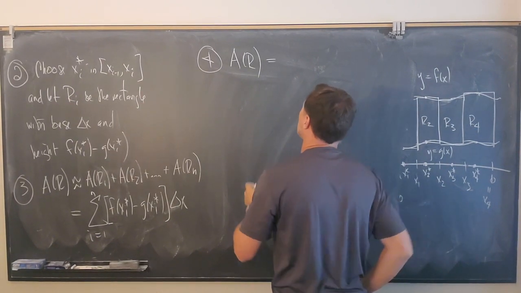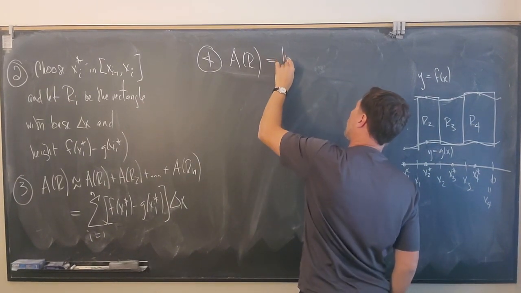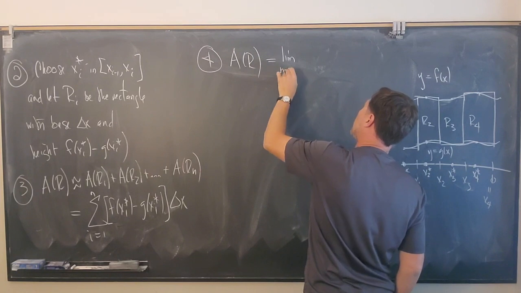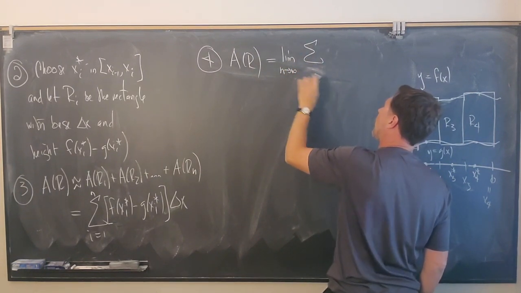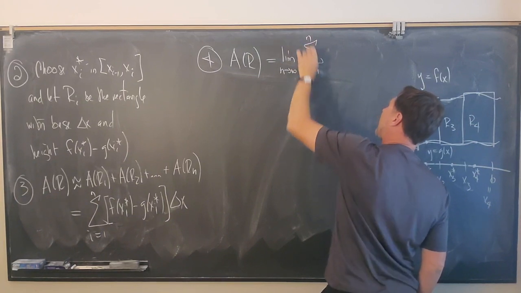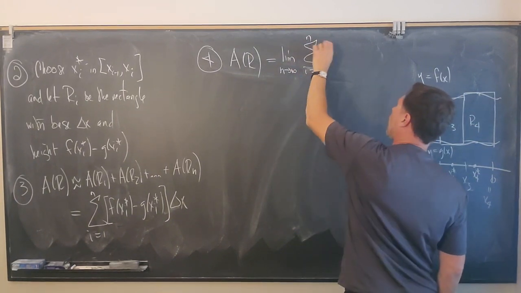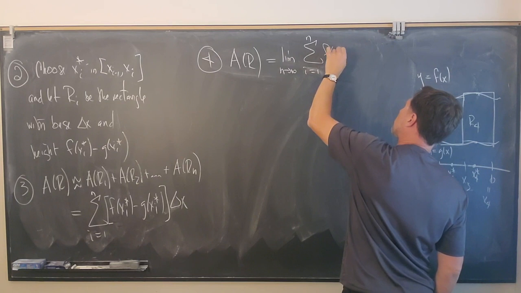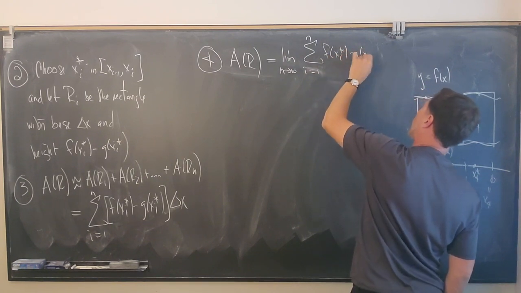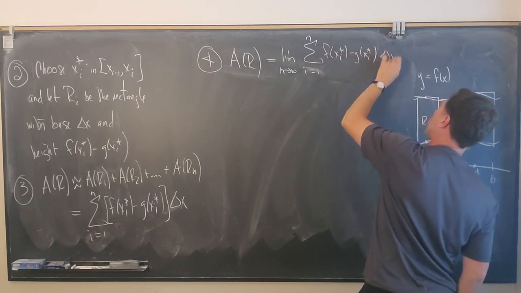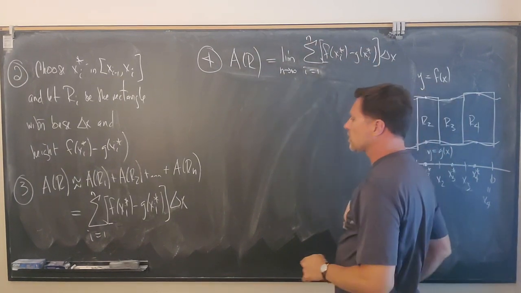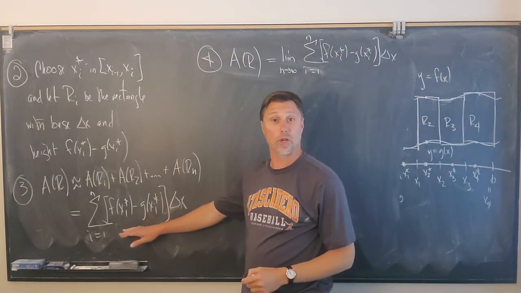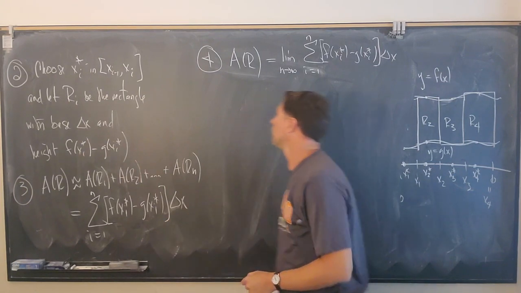And so the area is going to be the limit as n goes to infinity of the sum from i equals 1 to n of f of xi star minus g of xi star times delta x. So what do we call this sum right here? This is called a Riemann sum.